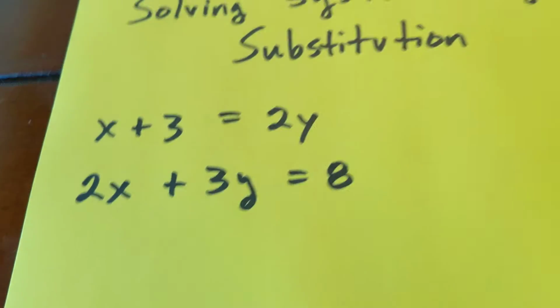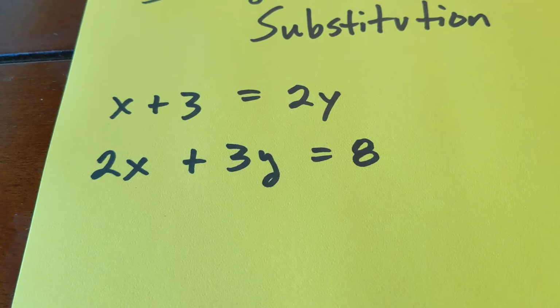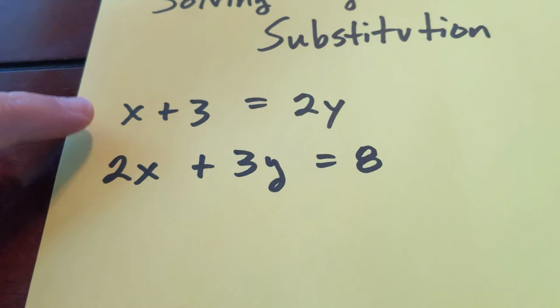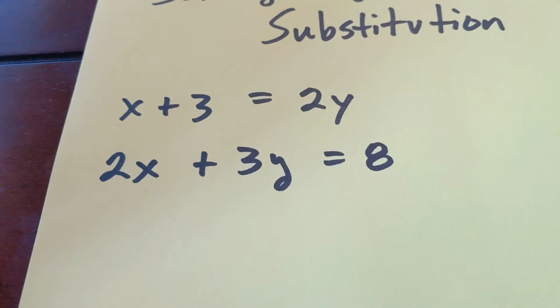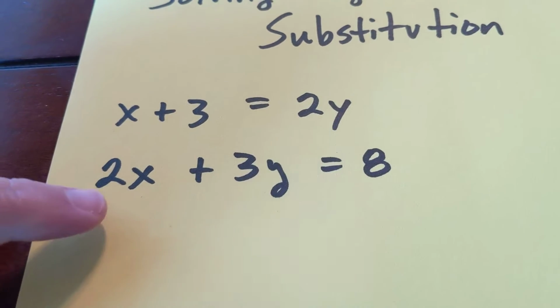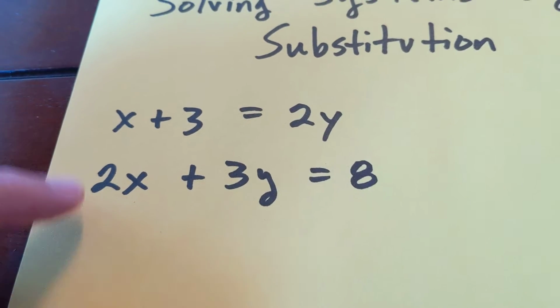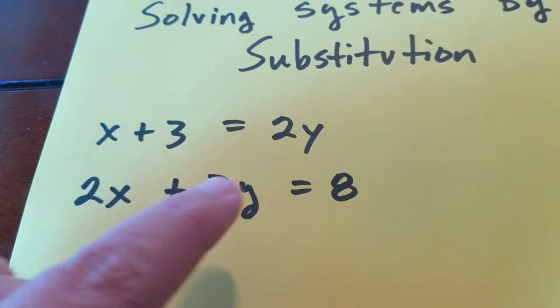So what we want to do is figure out what that is. What is the xy ordered pair that will make both of these true? So generally, what you want to do is look for isolating a variable. And isolation means to get something to be by itself. So when I look at this, I notice this would be hard to solve for x because there's a number in front of it. This would be relatively hard to solve for y because there's a number in front of it.